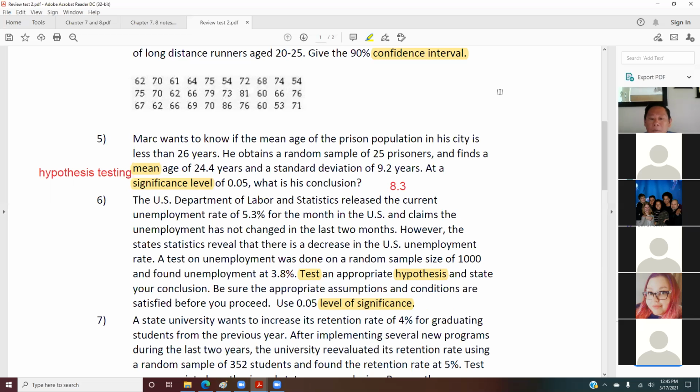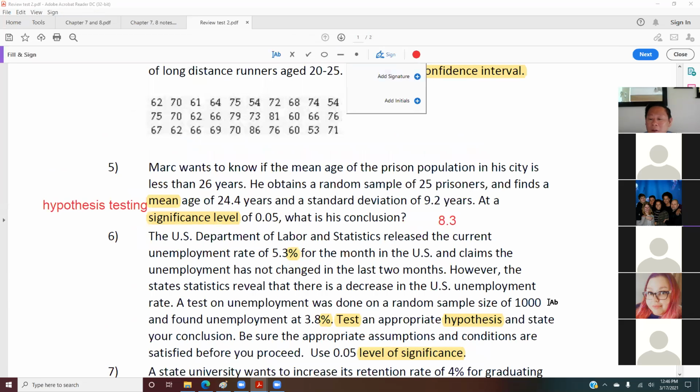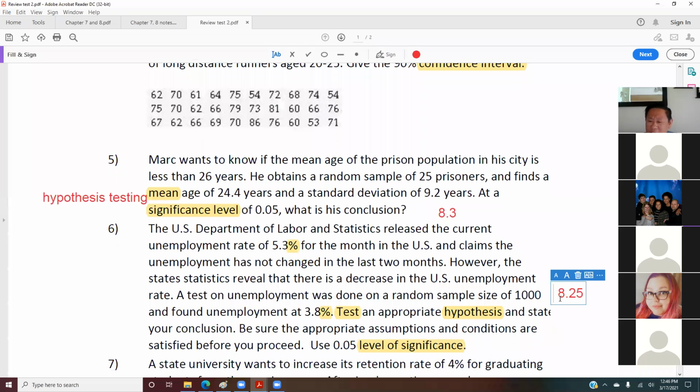Is it proportion because it's a percentage? Thank you. Yes, because of the percent you see here. So it is proportion, and this is actually 8.2. Okay. You guys got what I'm trying to teach you here? This is proportion, yes. You guys all right?